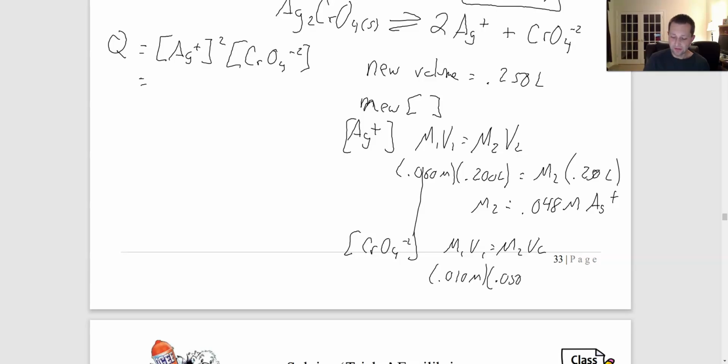V1 is 0.050 liters, equals M2 times V2, and we already said up here our new volume was 0.250 liters. These are all going into the same flask or container, right? So that's why our new volume is additive of our two starting volumes. So we solve for it, and you get M2 equals 0.002 molar CrO4 2-.